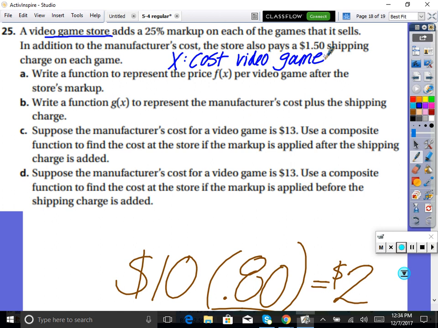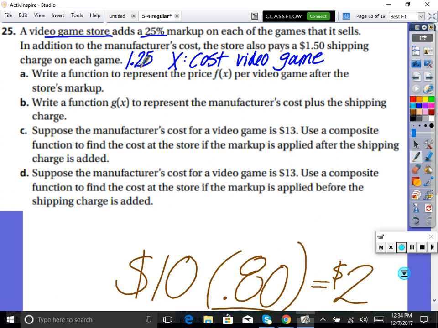Now it says we are going to add a 25% markup on each of the games. So we're going to sell these games for 25% more than what we purchased them for. Does that make sense? Okay, so what am I going to be multiplying by? 1.25 is my rate.